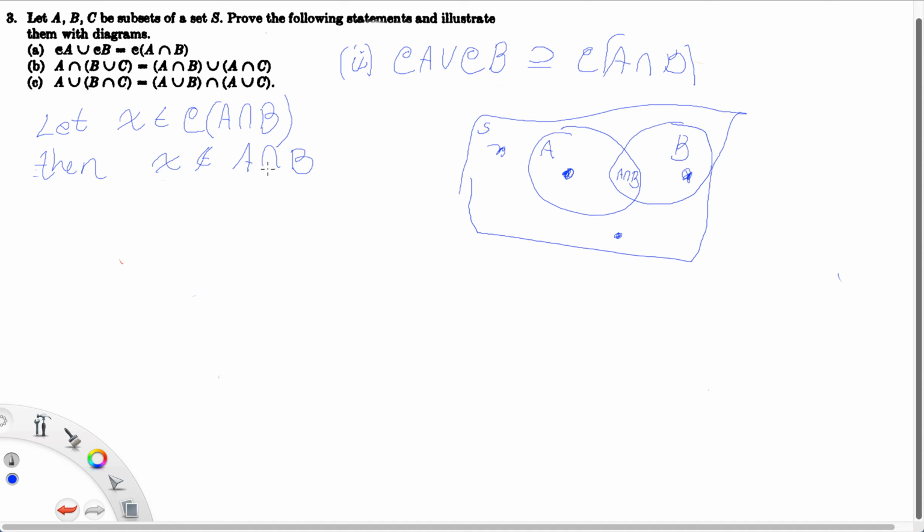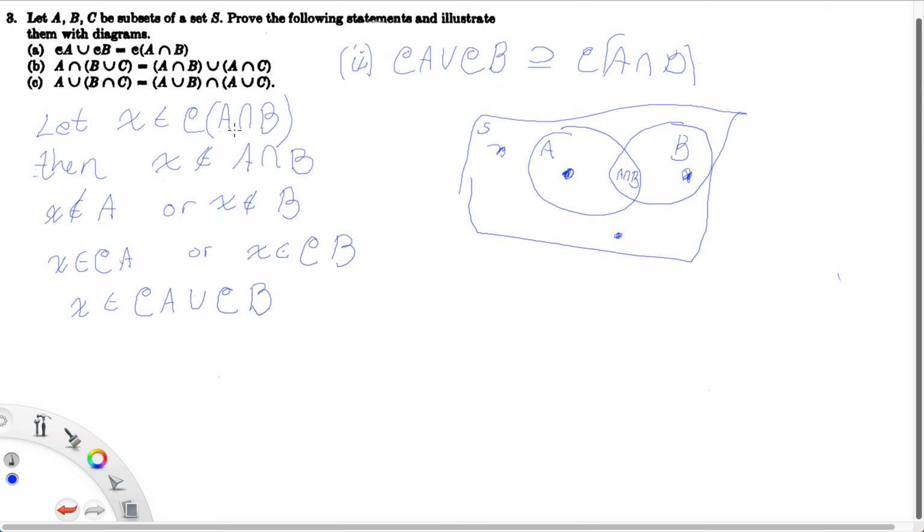So if x is not in A intersect B, then x is not in A, or x is not in B. Again, or both, because remember, the "or both" is implied in mathematics. And if x is not in A, then x is in the complement of A, or x is in the complement of B. But look at this: that's the same as saying x is in the union of the complement of A and the complement of B. And we're done.